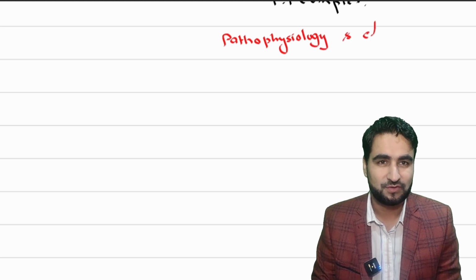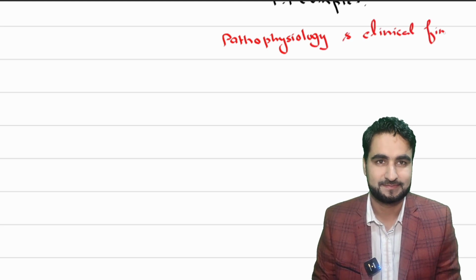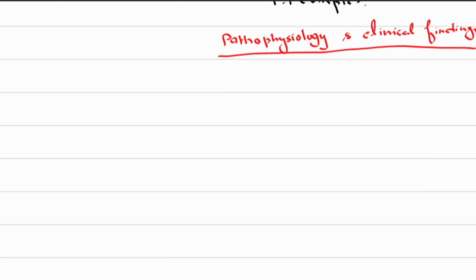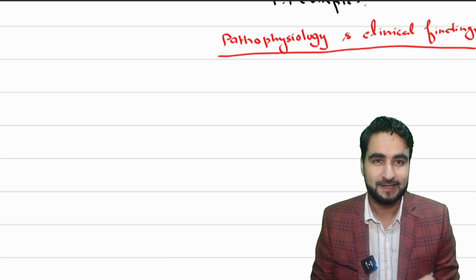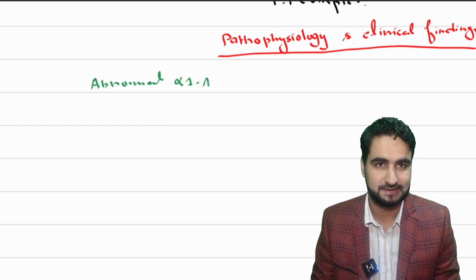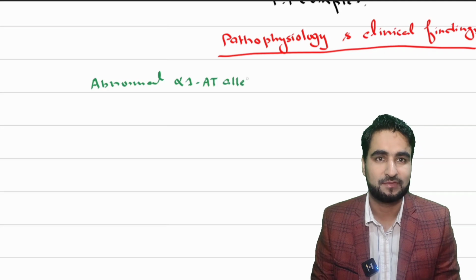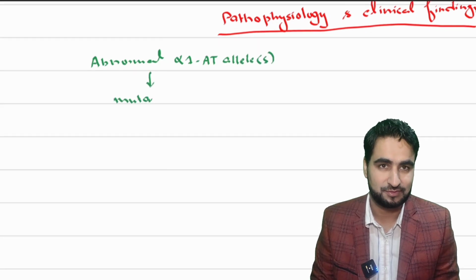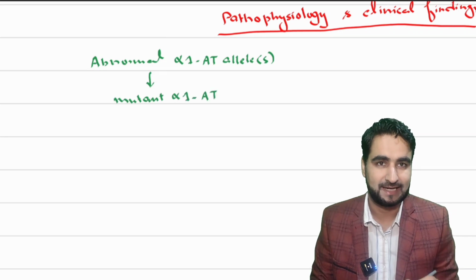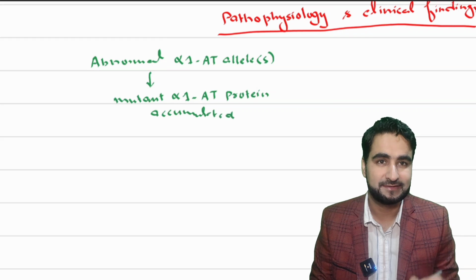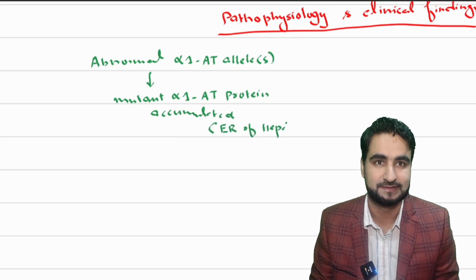Now, coming to the pathophysiology and clinical findings of alpha-1 antitrypsin deficiency. When there is a mutation in the alpha-1 antitrypsin gene, which is also called the SERPINA gene, there will be accumulation of abnormal alpha-1 antitrypsin, and this mutant alpha-1 protein gets accumulated inside the endoplasmic reticulum of hepatocytes, which leads to decreased release and thus imbalance in proteases and antiproteases in serum and tissues.